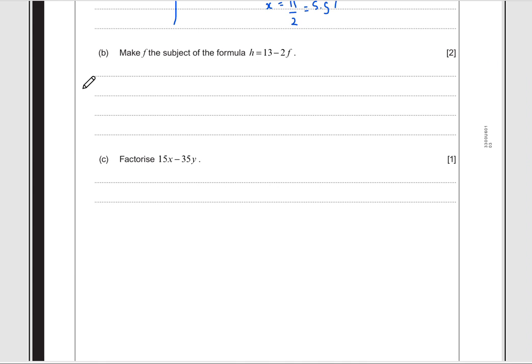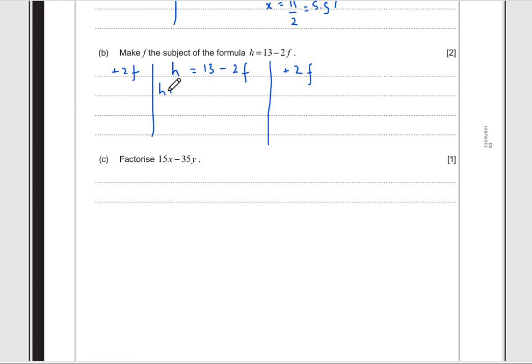B. Make f the subject of the formula. h is 13 minus 2f. When I'm rearranging formulas, I don't really like to work with a negative. So first step, I'm going to add 2f to both sides.